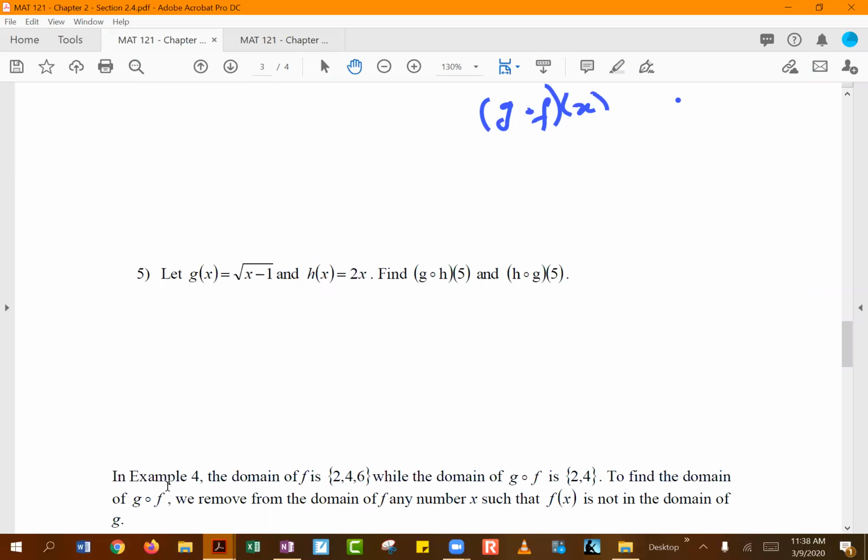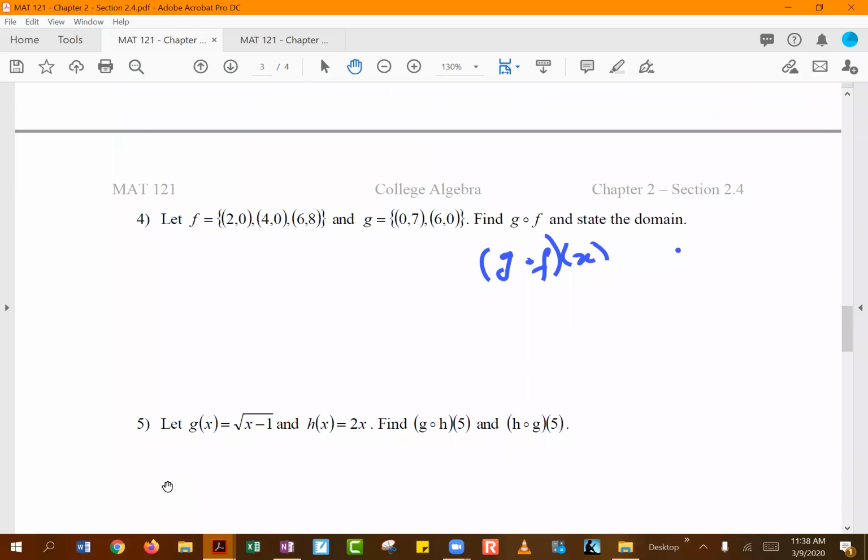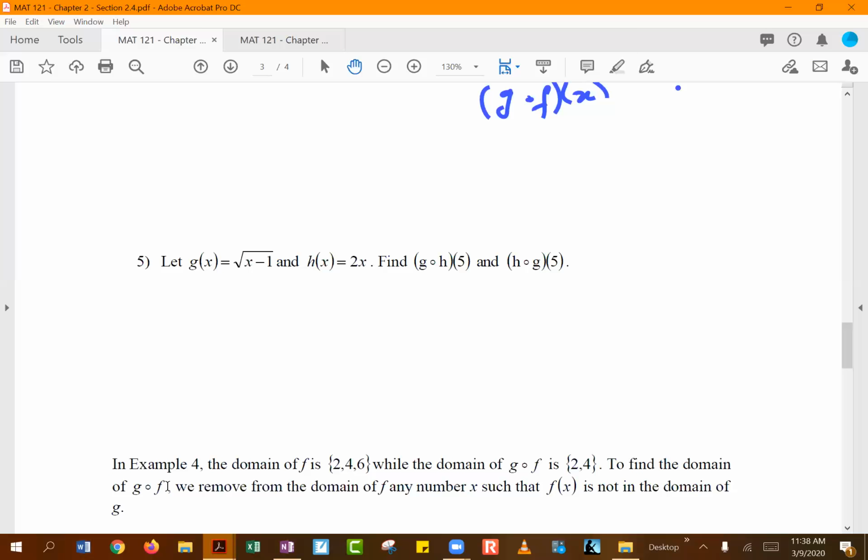They're saying find the composition at 5, one way or the other. In example 4, they just said in general, find G of F, which means you have to go through all possibilities. In example 5, they're saying I only want specifically X equals 5. So you just plug in 5.